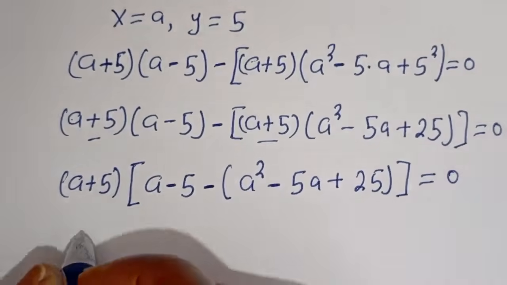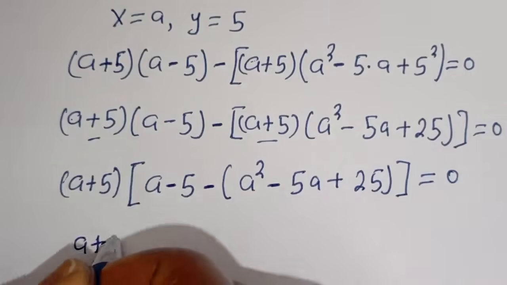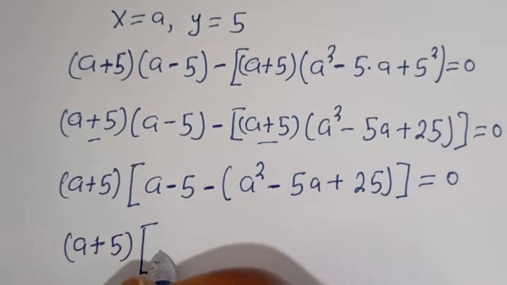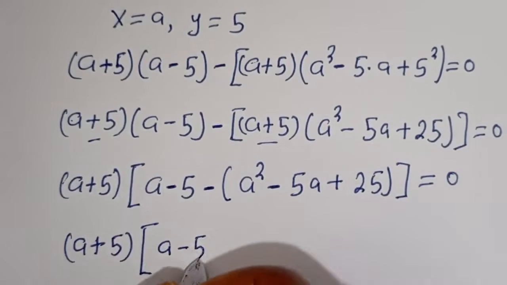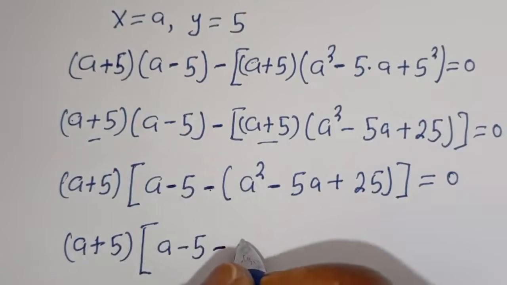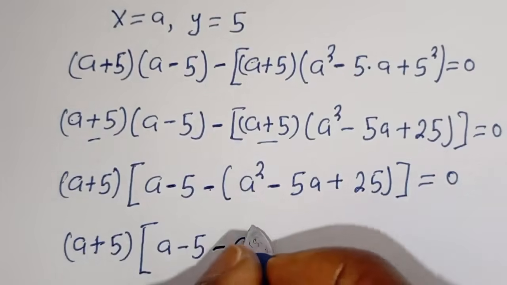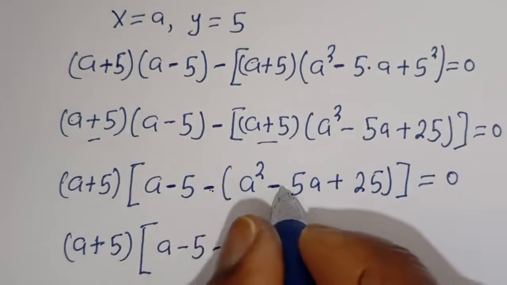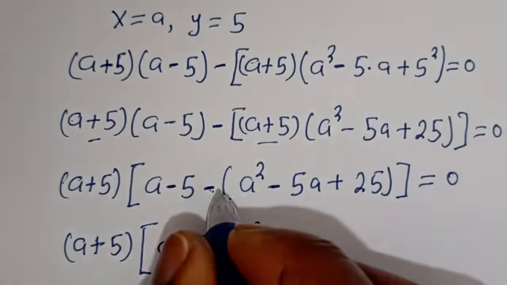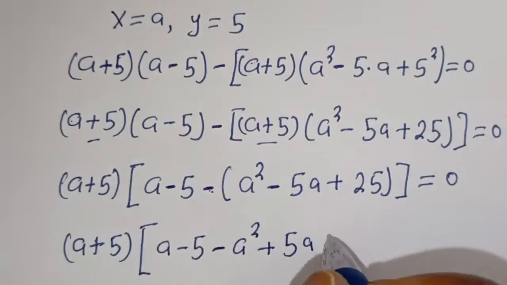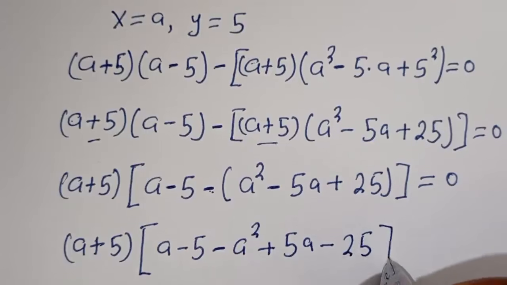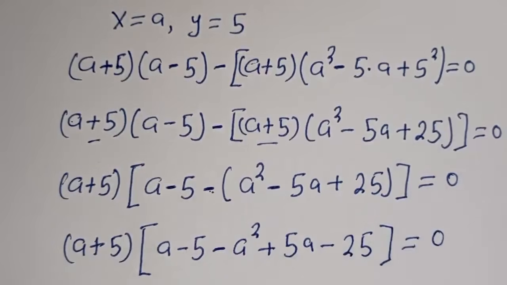Then we have a plus 5 bracket, then here is a minus 5 minus, if you multiply by a squared, it will be minus a squared; minus times minus 5a will be plus 5a; minus times plus 25, that will be minus 25, is equal to 0.